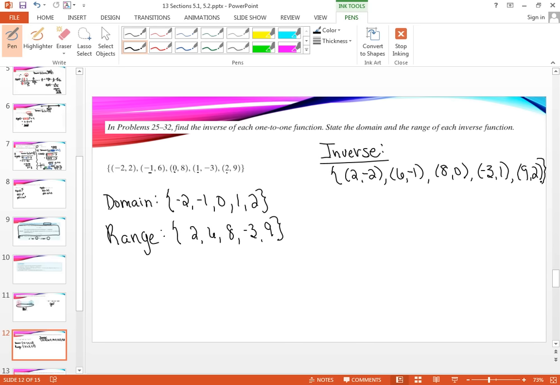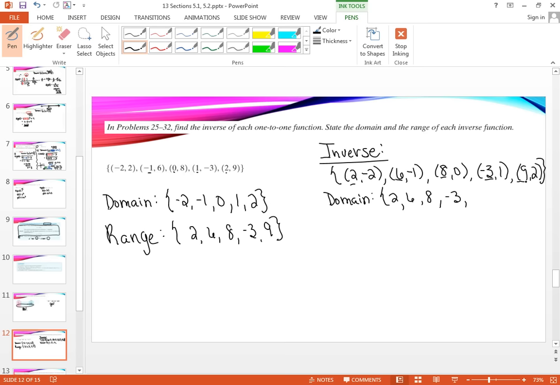Okay. Look at what happens with the domain and range. The domain, 2, 6, 8, -3, 9. The range, -2, -1, 0, 1, 2.